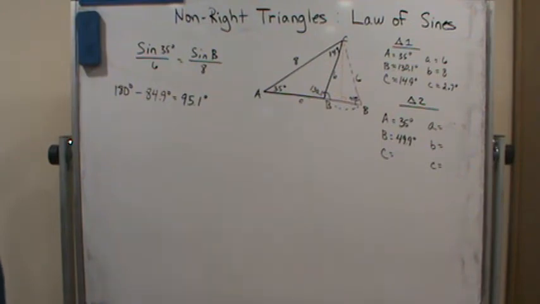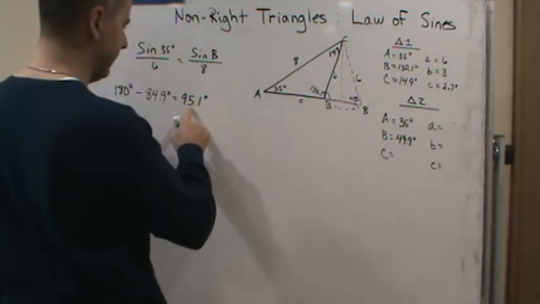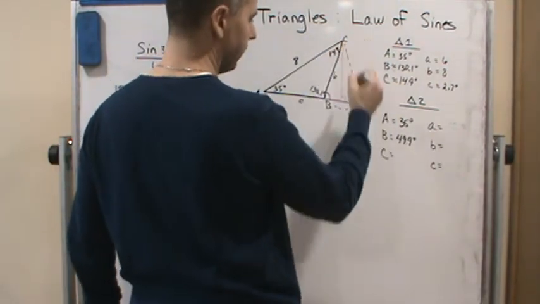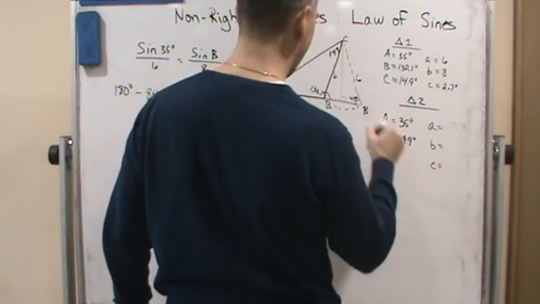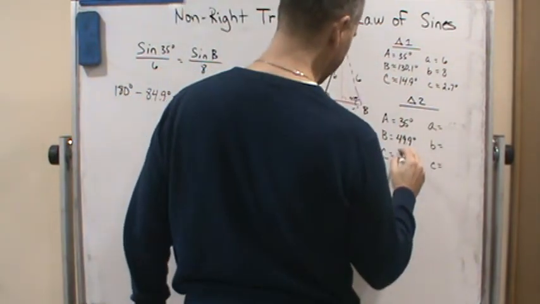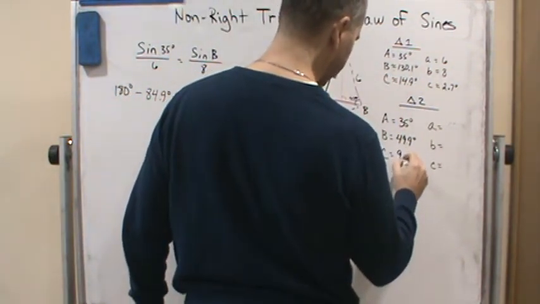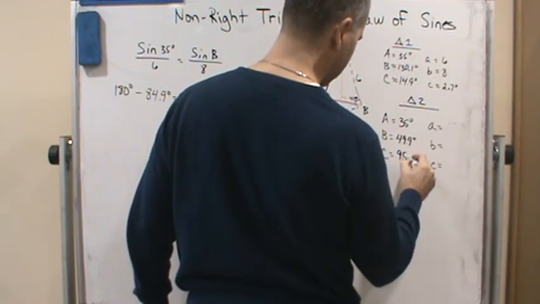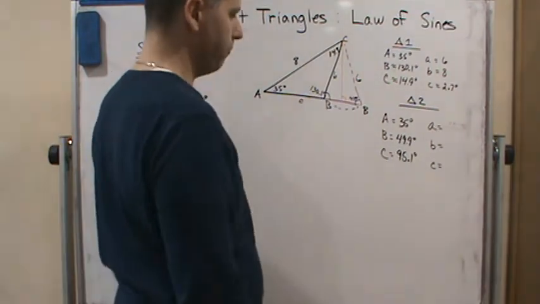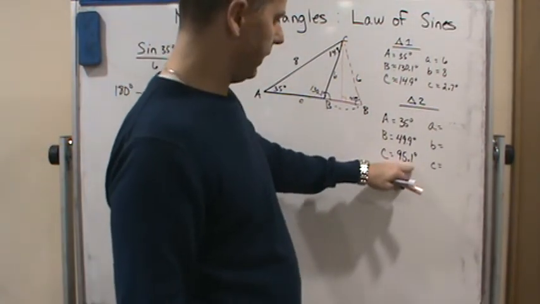Okay, so for the last angle, angle C, this larger angle becomes 95.1, and that makes sense, because we're a little more than 90 degrees. And again, add these up, you should get 180 degrees, right?